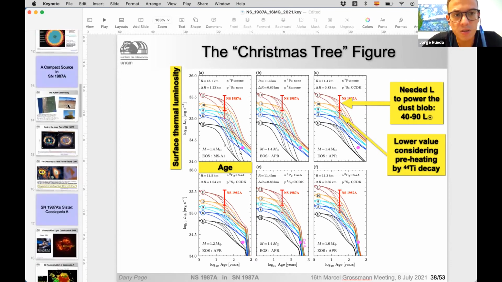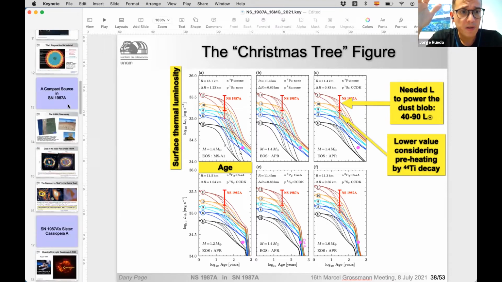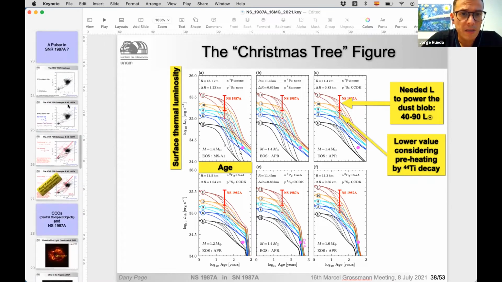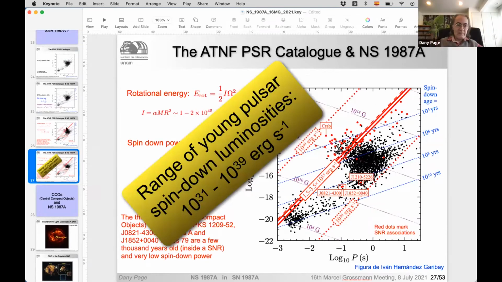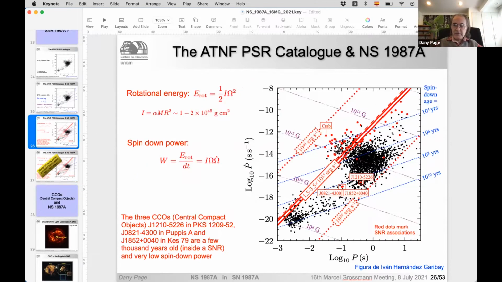And is this in contradiction with the hypercritical accretion at the beginning? Okay, this is the range you need. So depending on P, it could be 10 to the 8 Gauss, or it could be 10 to the 12 Gauss. It has to be in this range.